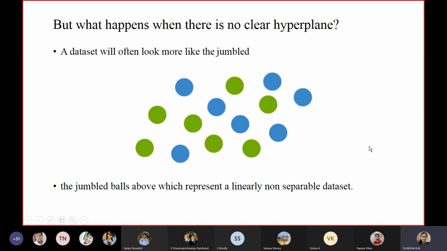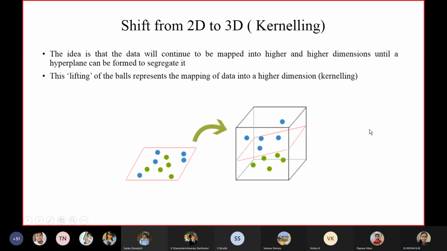Then what do we do? We shift from 2D to 3D. That is called kernelling. So here you have jumbled data. We move from 2D to 3D, that is, we are shifting from a two-dimensional plot to a 3D plot.